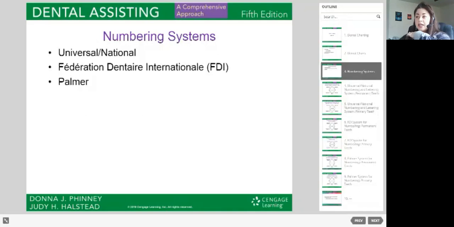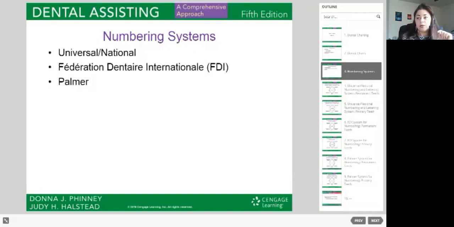In 1996, the ADA adopted the system alongside the universal system for tooth monitoring, so it is recognized, but it's not something that's widely used. Each quadrant is assigned a number, and it's given 2 digits. If 2 zeros are notated, the whole oral cavity is designated. So that would be used maybe for dentures or in different situations like that. We'll expand on this here in just a minute. You can see some pictures.